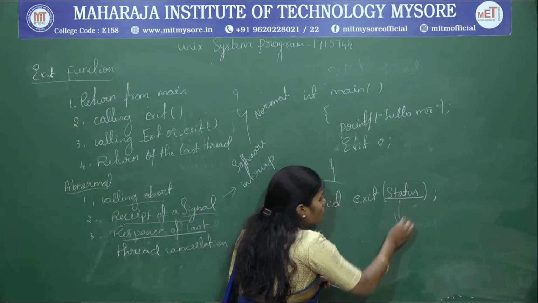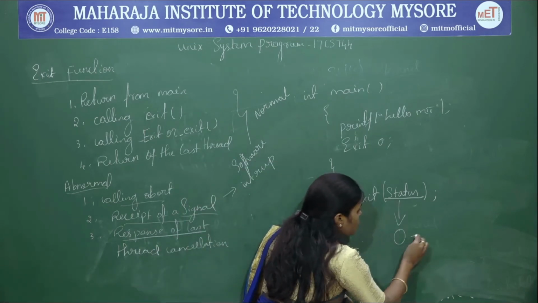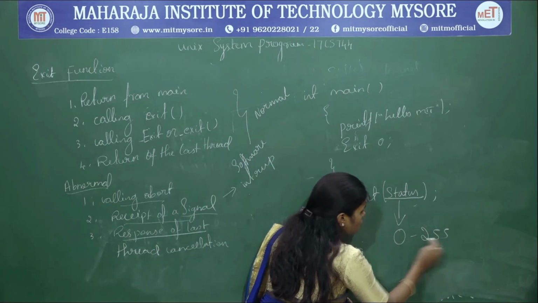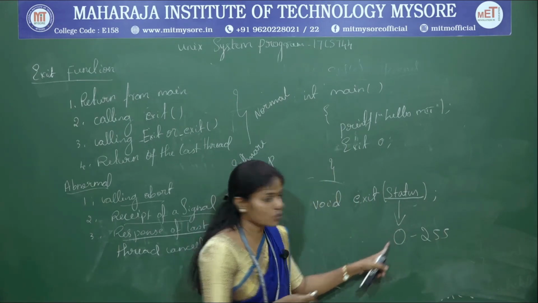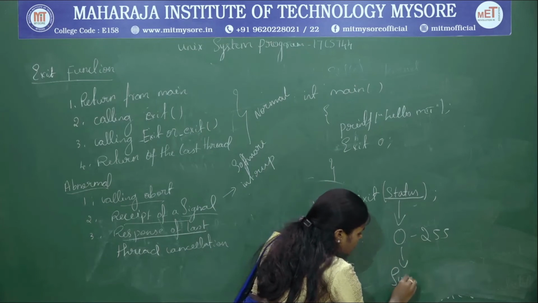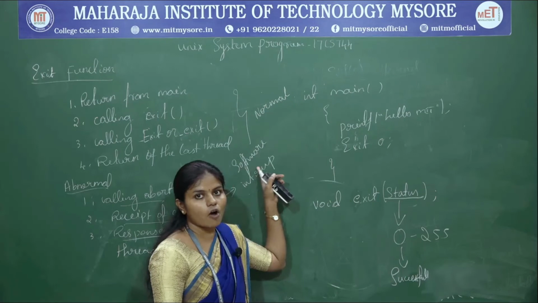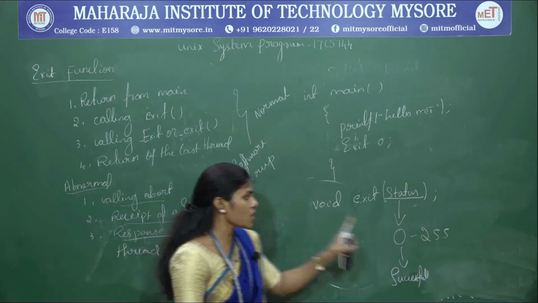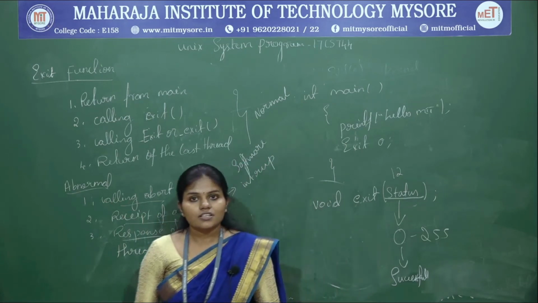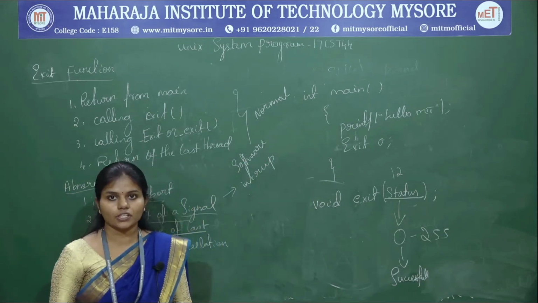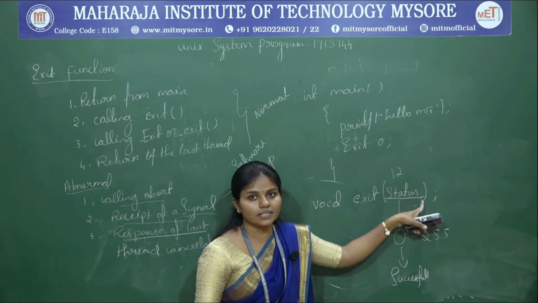The status is an integer value, for example from 0 to 255. If it returns the value 0, then we can say it is successful, that is the normal way of terminating the process. Other than 0, we call it abnormal, right? So this is how the exit function works. The exit takes only one argument, that is status.